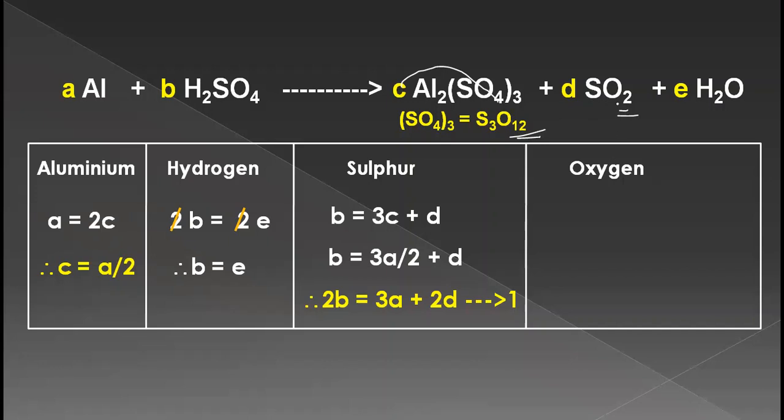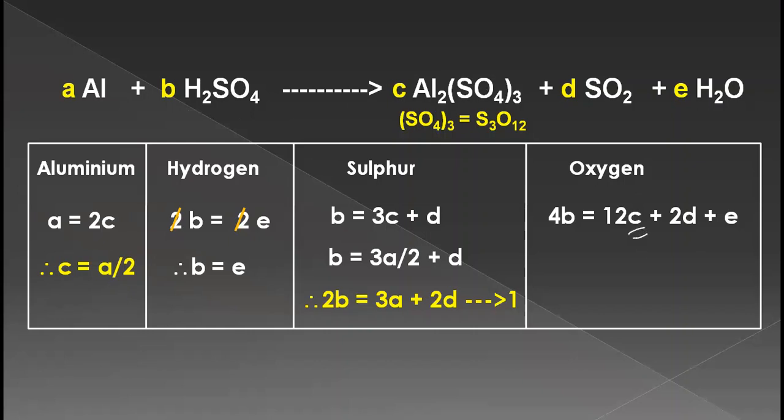Here we have E oxygen atoms. Therefore, 4B should be equal to 12C, the number of oxygen atoms in C molecules of aluminum sulfate, plus 2D, the number of oxygen atoms in D molecules of sulfur dioxide, plus E, the number of oxygen atoms in water.